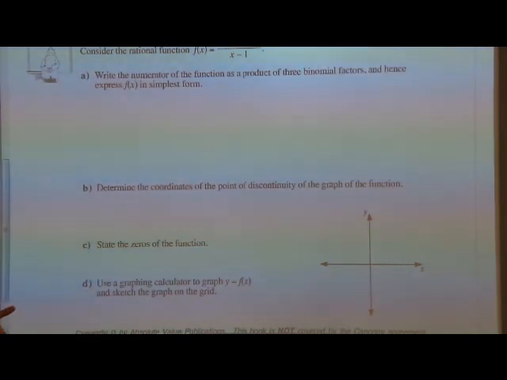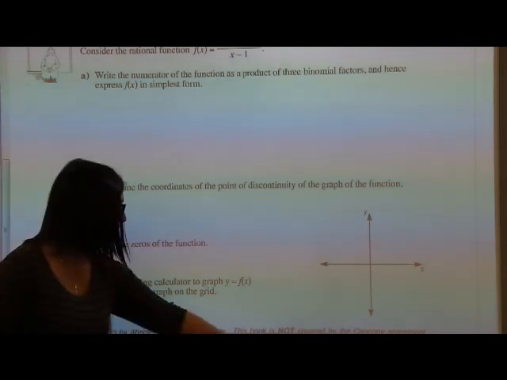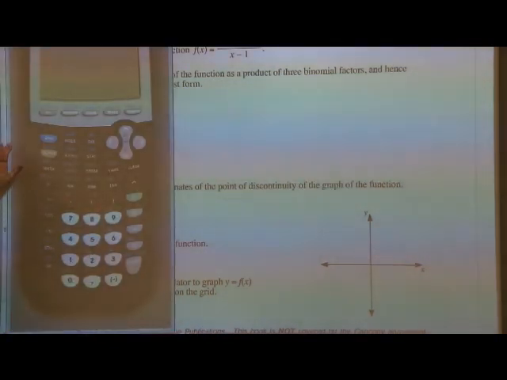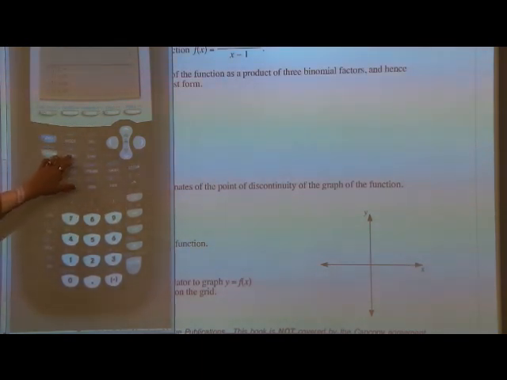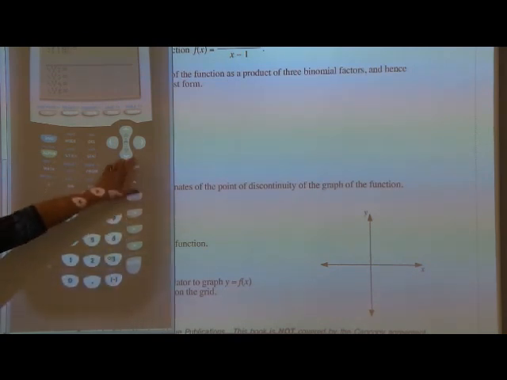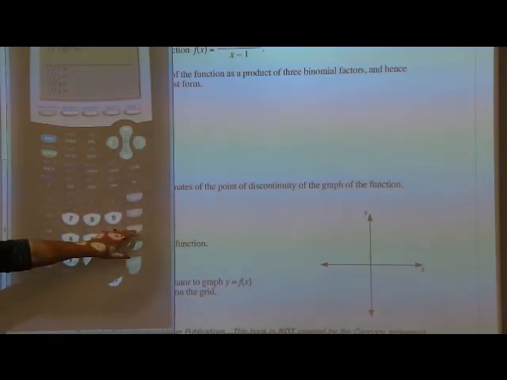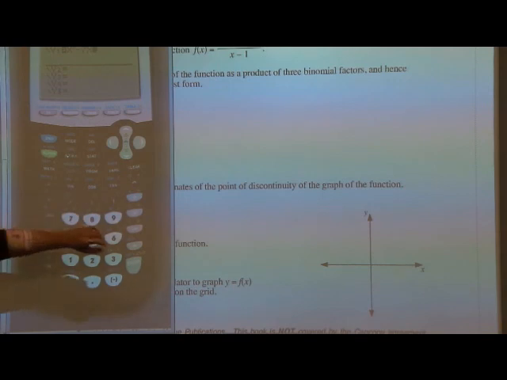So if we go to factor this, we can use our remainder theorem from the last chapter. So what I would do is I would let y1 be equal to this x cubed, so x to the power of 3 minus 7x plus 6.